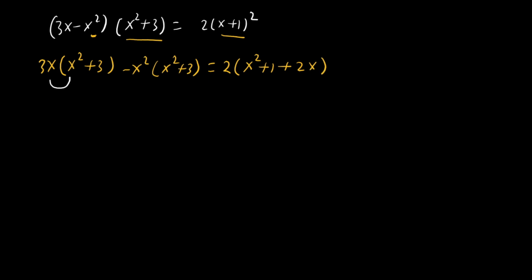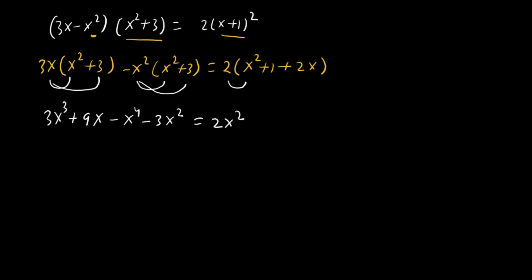Now 3x multiplied by x square is 3x cube, 3x multiplied by 3 is 9x, minus x square multiplied by x square is minus x power 4, minus x square multiplied by 3 is minus 3x square, and this is equals to 2x square, 2 multiplied by 1 is plus 2, and 2 multiplied by 2x is plus 4x.